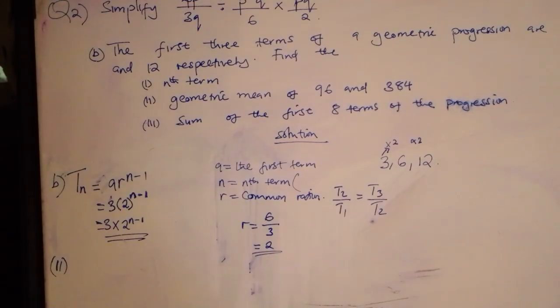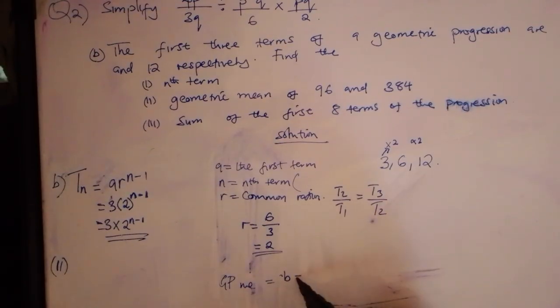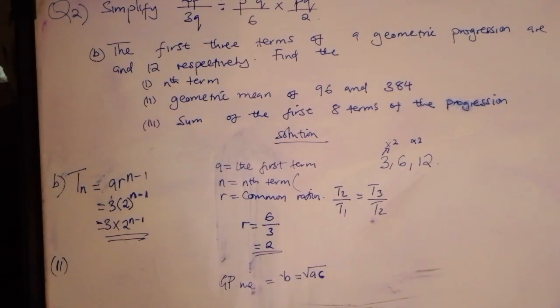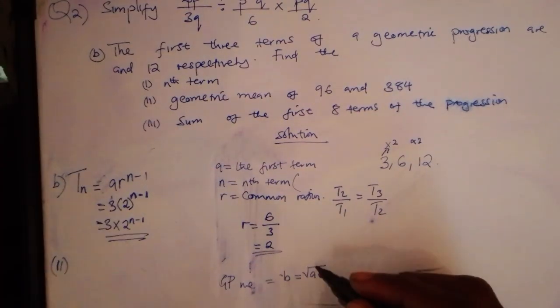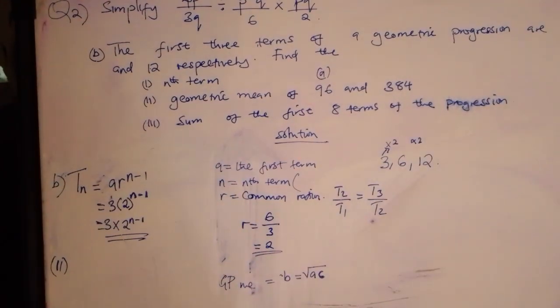384. So how can you calculate it? So the geometric mean, the formula of b is equal to the square root of a multiplied by c. So now what does this mean? a is the first term, which is 96 in our case.